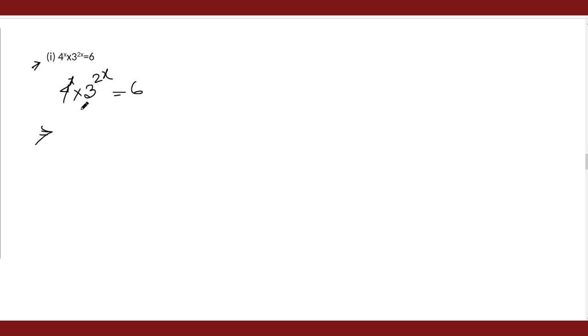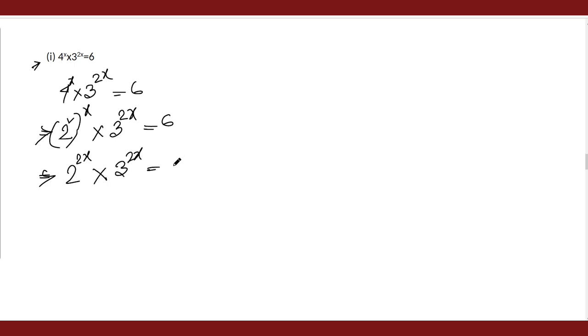For 4 power x, we can write 4 is equal to 2 square, and we have power x also, multiplied by 3 power 2x, and on that side we have 6. So 2 power 2x multiplied by 3 power 2x is equal to 6. Then we can write 2 multiplied by 3 all power 2x is equal to 6.